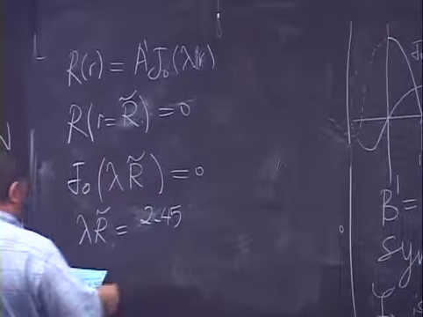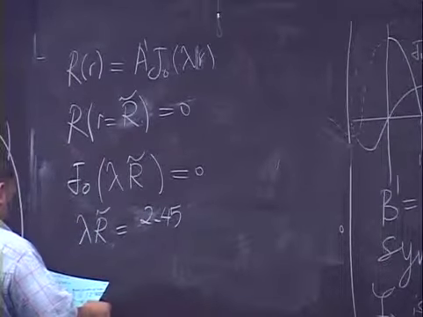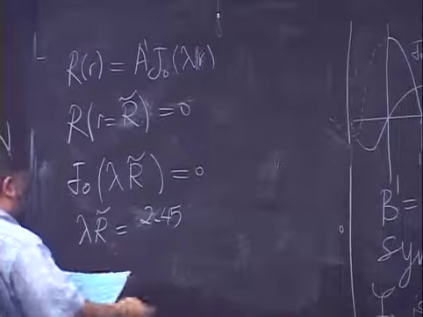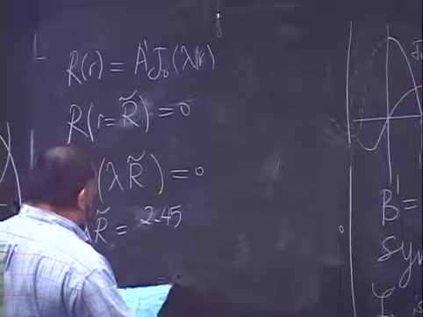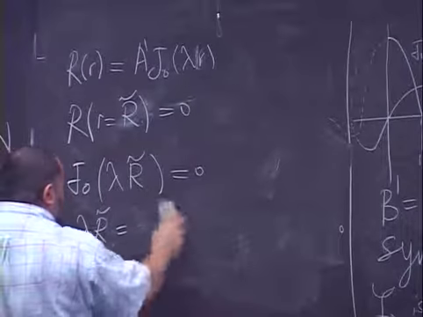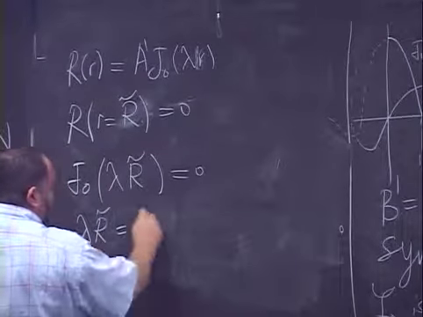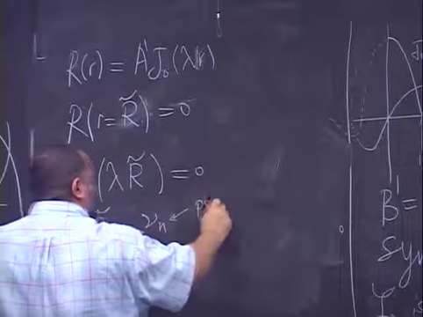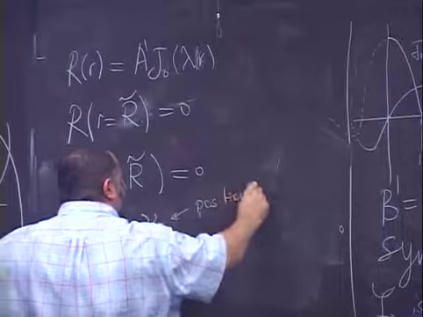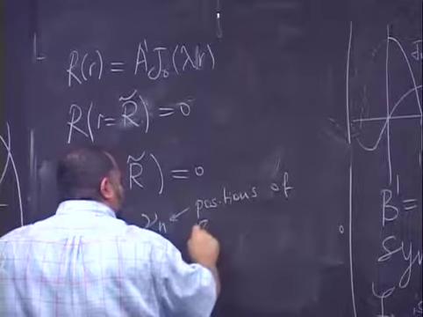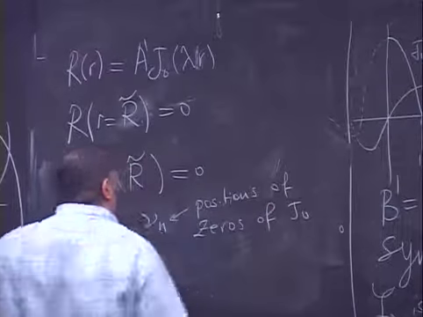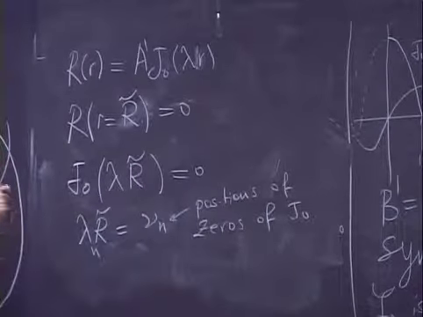Of course, I can write this as lambda n equal to nu n, where nu n are the positions of zeros of J naught.